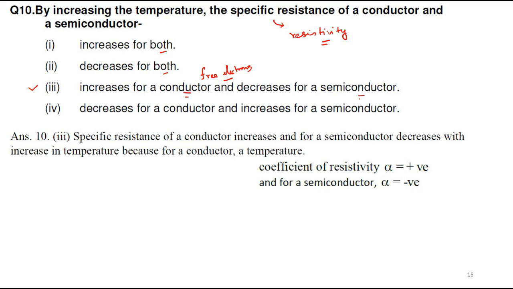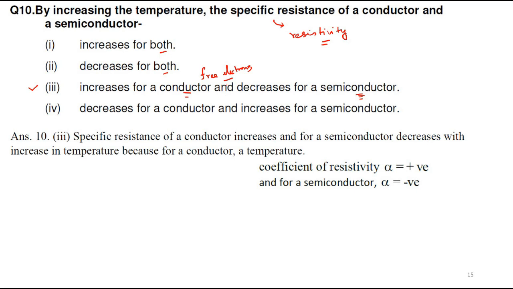Whereas for a semiconductor, charge carriers will increase. Electron and hole pairs will be created more at the higher temperature. You will have to refer to the band theory. So here charge carriers are produced for a semiconductor, leading to more conductivity. That means less resistivity.